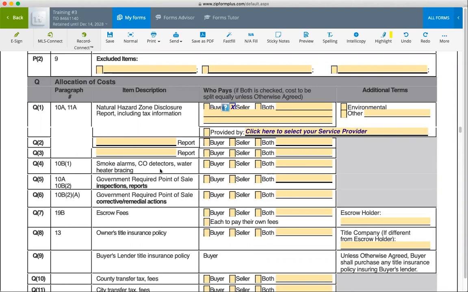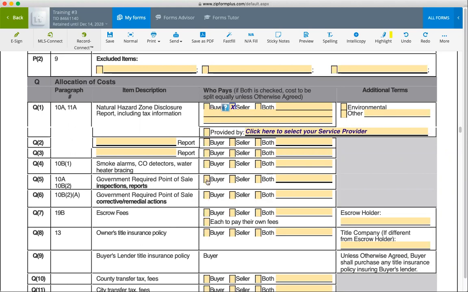Smoke alarms, these are required that the seller provide them, but it's negotiable about who pays for them. Government required point of sale inspections and reports. Some communities, I think Cotati is the only one in Sonoma County, there are other areas, where the city requires an inspection report at the point of sale.